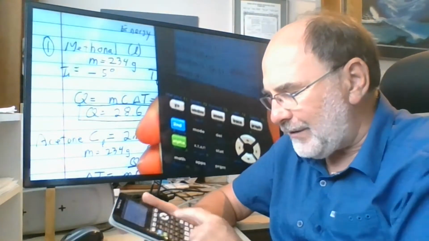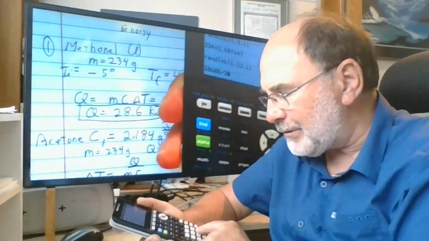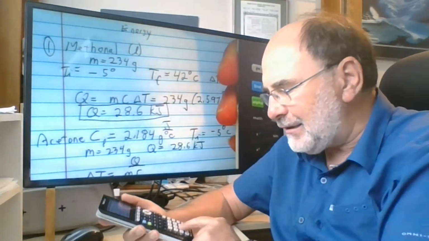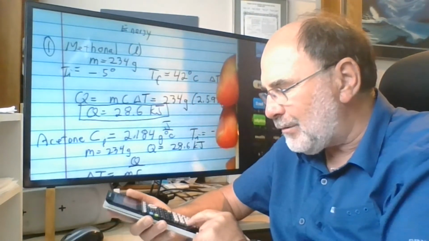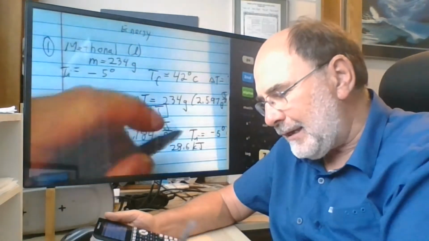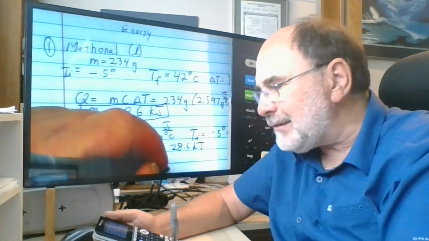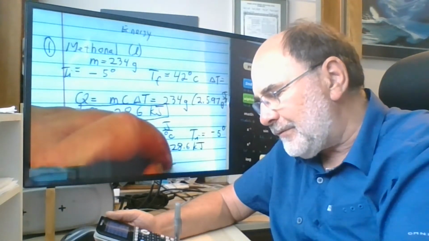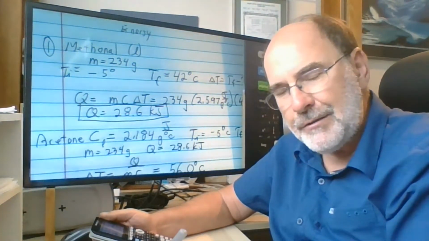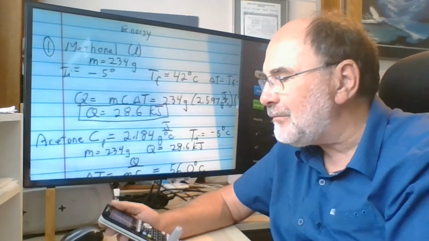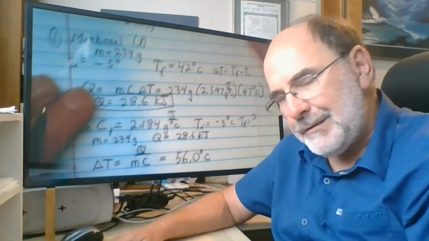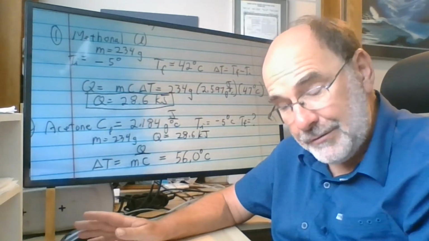I'm going to divide that by 234 grams. I'm now going to divide this by the specific heat of acetone, 2.184 joules per gram per degree Celsius, and beep, beep, beep, I get a delta T of 56.0 degrees Celsius. So it's 55.96255556.